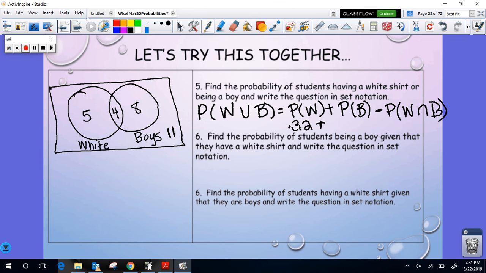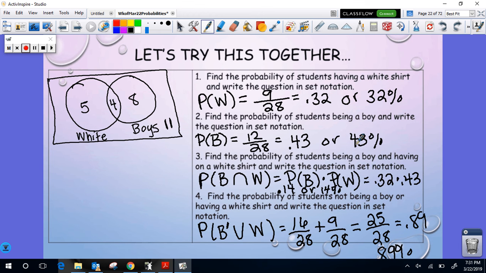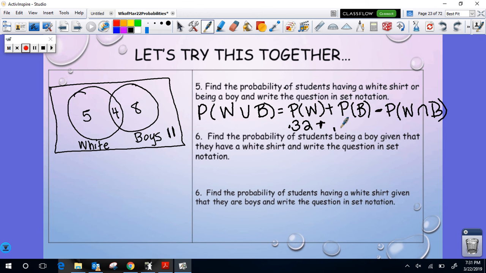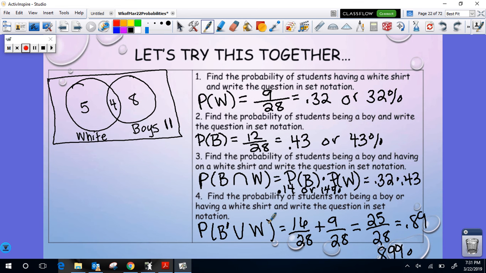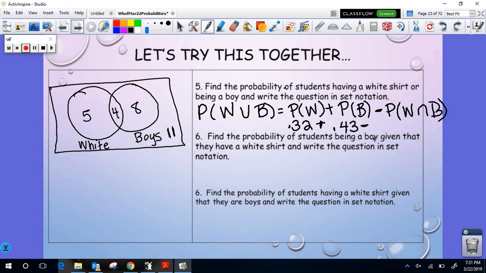I'm going to grab that from the other page, or you can just recalculate it. 0.43 minus the probability of being a boy and having a white shirt. Or you can do 4 over the total amount, which is 26. Or you can go look at your other problem where you already calculated this, which is going to be 0.14. So we're going to subtract out 0.14.